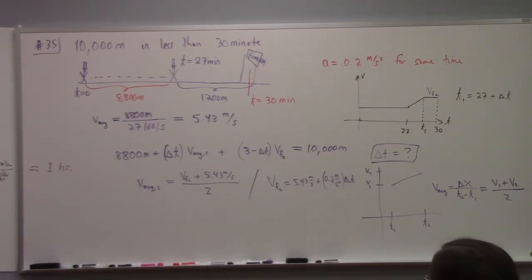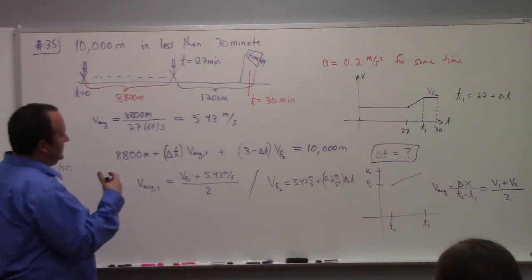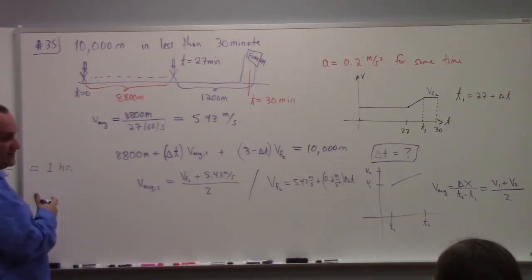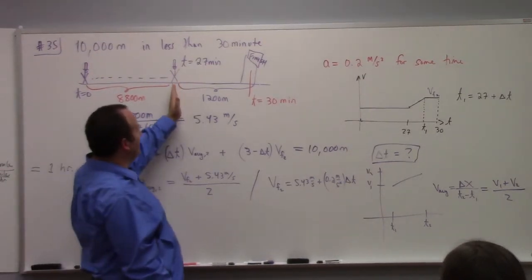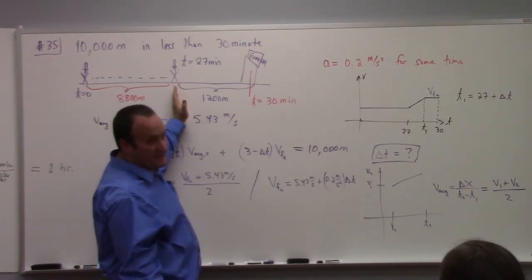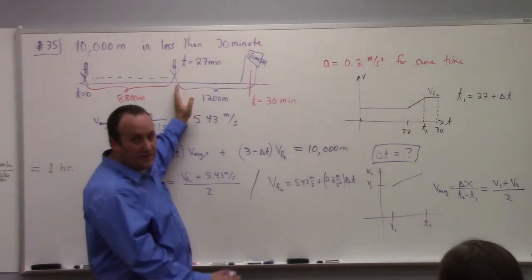If you couldn't understand what Megan was saying, what she's saying is that you want it to take 30 minutes overall, and she's also assuming that there's a constant acceleration. My idea about the constant acceleration being just part of the final leg of the journey, no good, too complicated.